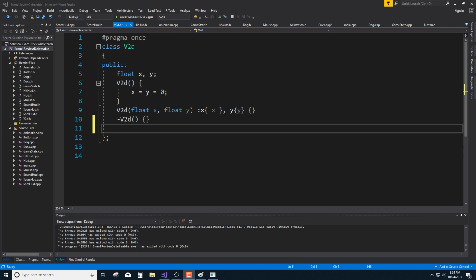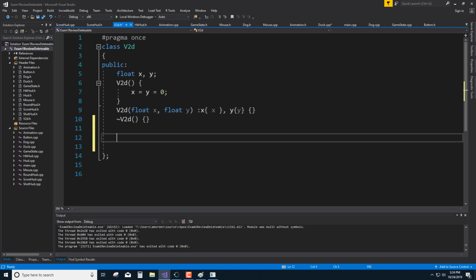Anybody remember how to do that? Wait, overload or override? It's an overloaded operator, plus equals. Operator plus equals. What's coming in? Some vector.